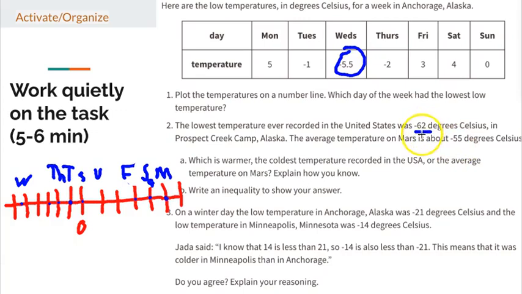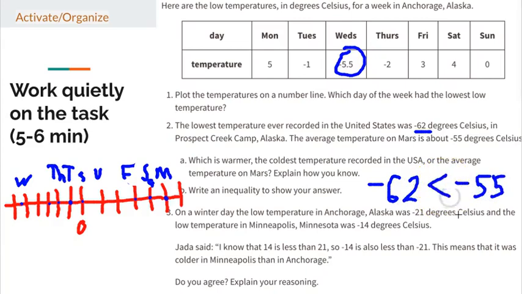Well, -62 on a number line is going to come before you get to -55, because -55 is getting closer to 0 and positive numbers. So if I have -62 and -55, what do I need in between?